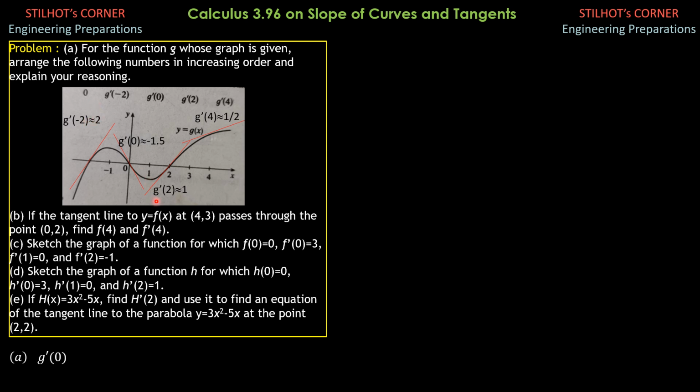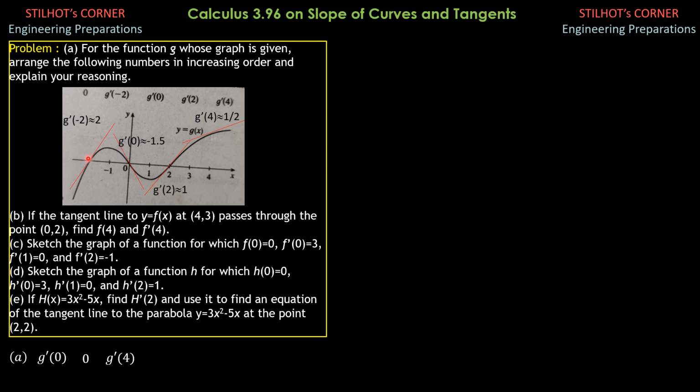So g prime of 0 first, because it is -1.5. Next is 0. Then next is g prime of 4, which is +1/2. Then after g prime of 4 is g prime of 2, because it's 1.